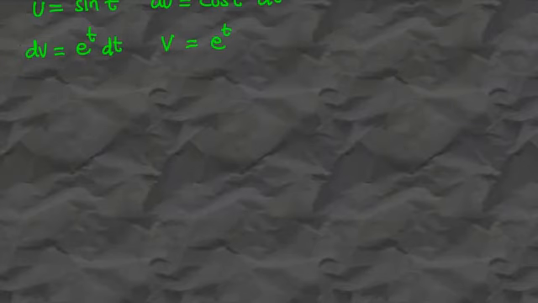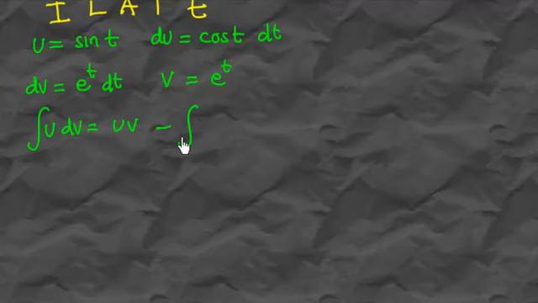Okay, so the integral of u dv is uv minus the integral of v du. u is sine t, v is e to the t, minus the integral of v, e to the t, and du is cosine t dt.